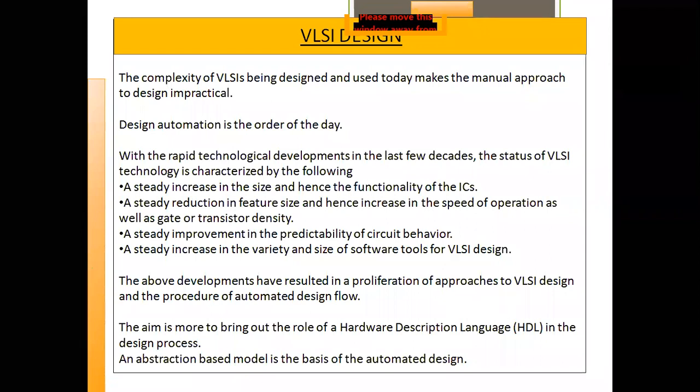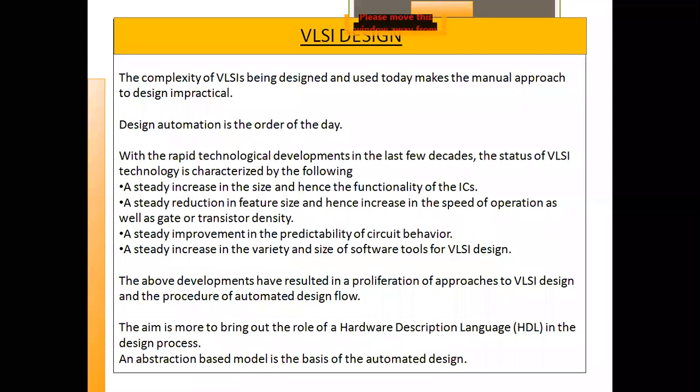As of now, we are using most of our gadgets with ICs only, having different types of functionalities. And there is a steady reduction in the feature size.